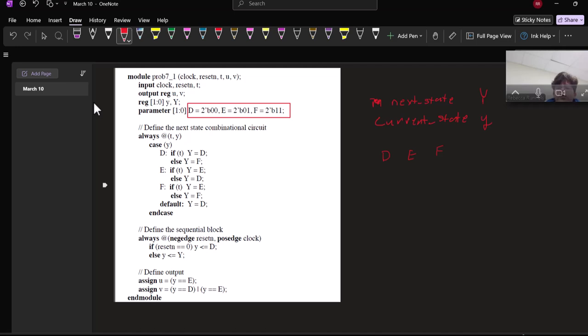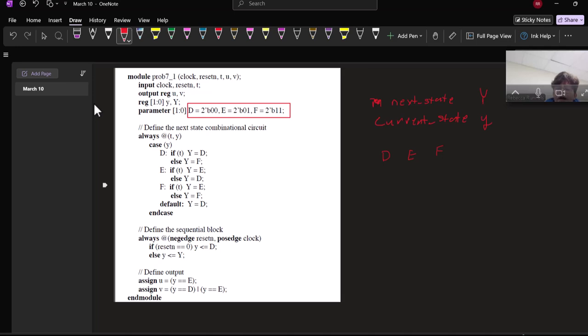Then I take a look at this first always block, which tells me what to do depending on what state I'm in. My output is assigned elsewhere. I often do my output in this always block, but you don't have to.